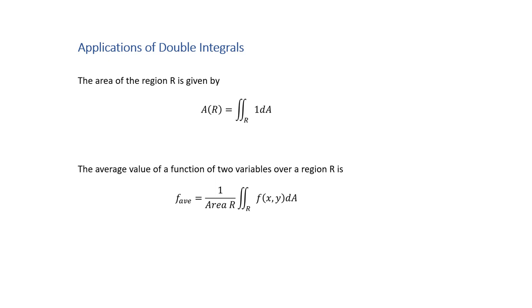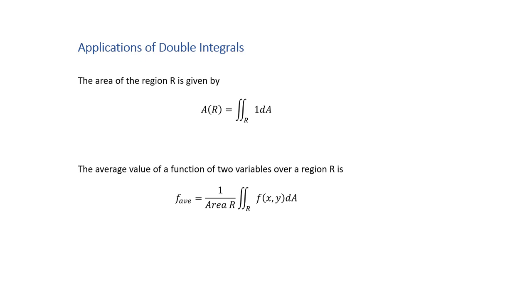So first of all, if you want to use a double integral to compute the area of a region, you can actually just integrate the constant 1. If you just integrate the number 1 over that region, you'll end up getting the area of that region.